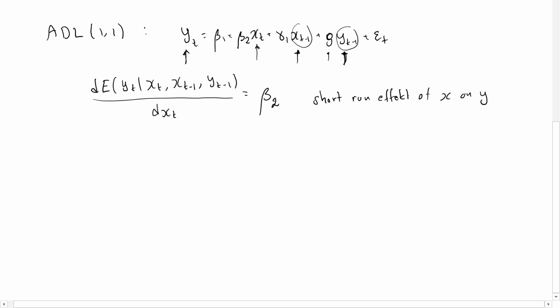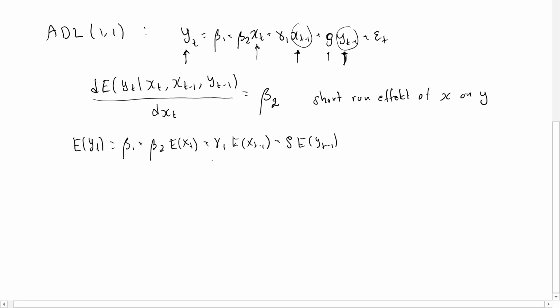To figure out the long run effect of a change in the expected value of x, that is, a permanent increase in the amount that we spend on advertisement, we take expected value on both sides. Expected value of yt equals beta 1 plus beta 2 times expected value of xt, plus gamma 1 times expected value of xt minus 1, plus rho times expected value of yt minus 1, plus 0.